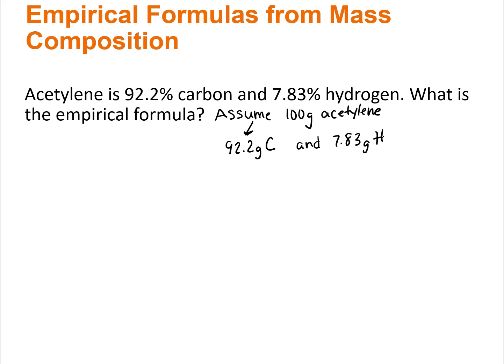That's how percents work. So if we have 100 grams of acetylene, we know how much of each element we have. That's the assumption you have to make when you calculate the empirical formula from the percent composition. You assume that you have 100 grams of your substance.